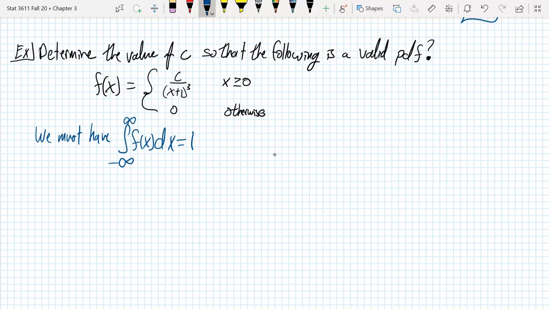Well, that implies that if we integrate from 0 to infinity, since x is greater than or equal to 0, C over (x plus 1) cubed dx, this has to equal 1.